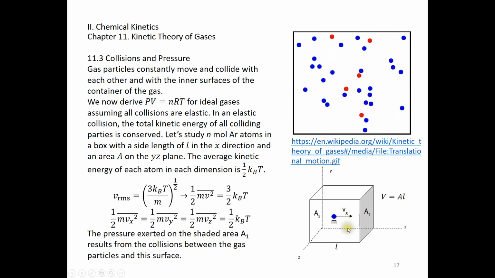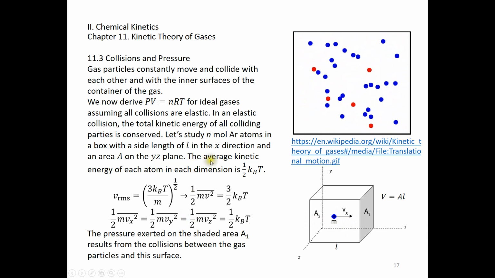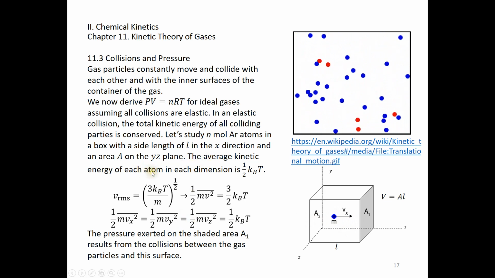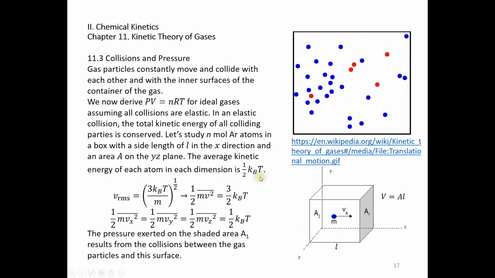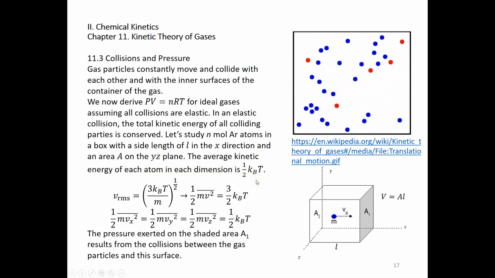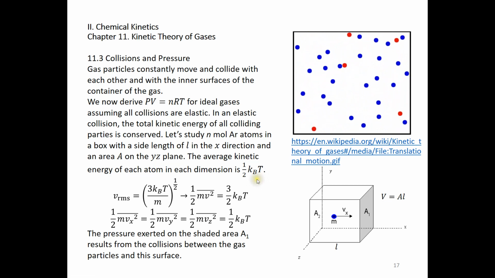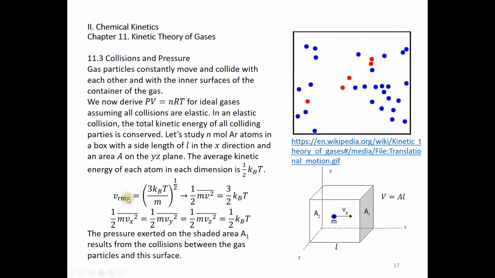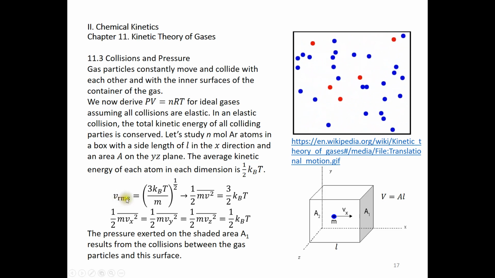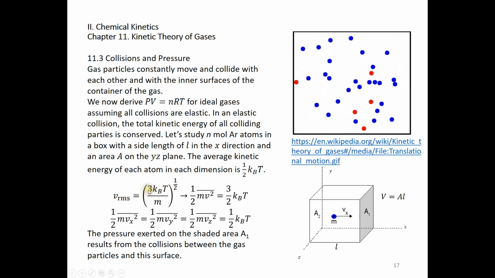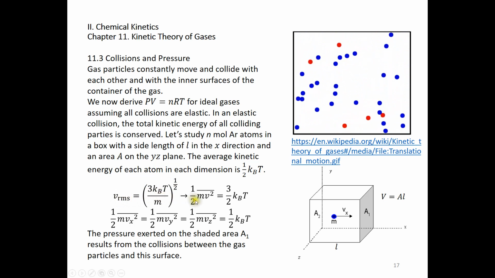We know the average kinetic energy of each atom in each dimension is 1/2 kBT. This is from the previous section. In the previous section, we derived the root mean squared speed, which is the square root of 3 kBT over m.